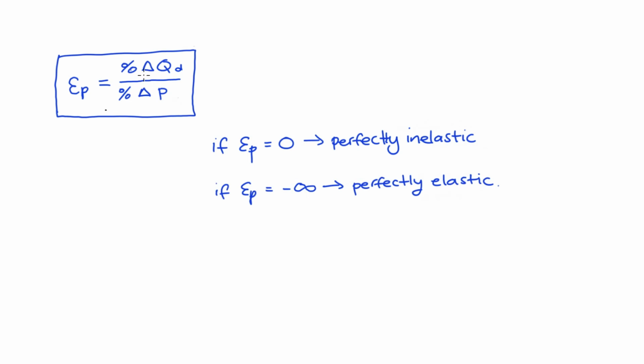The idea is that you get some huge or infinite reaction from even a very, very small price change. So that's the 5 sorts of values that our price elasticity of demand can take. We have elastic, unit elastic, inelastic, perfectly inelastic, and perfectly elastic.